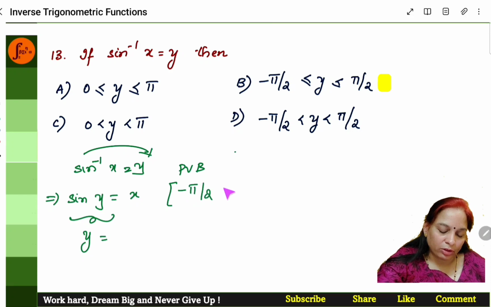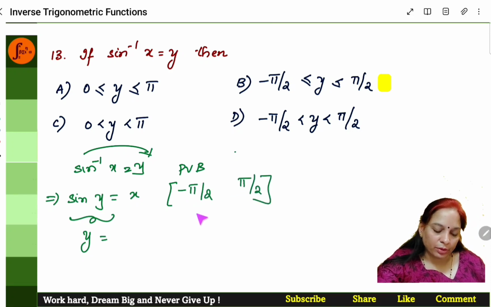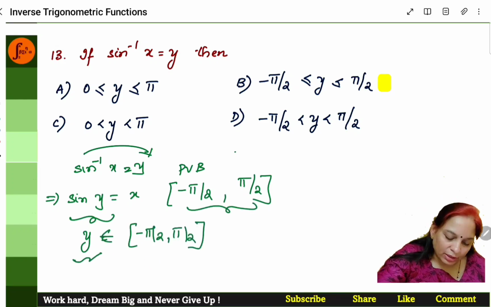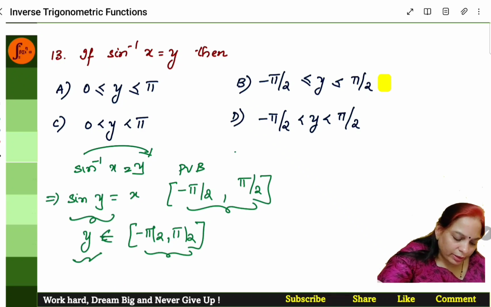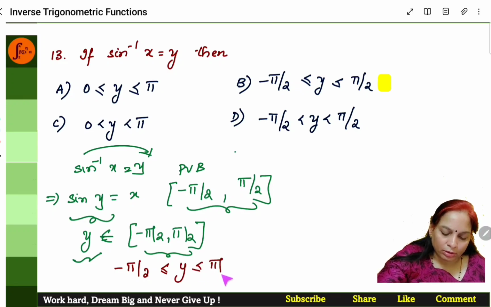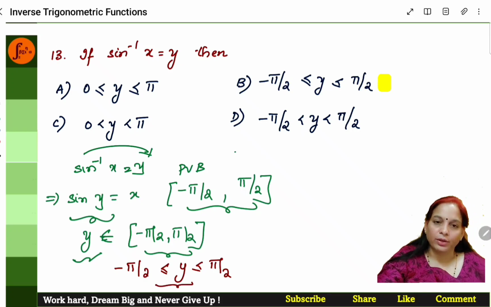What is the principal value branch? Minus pi by 2 to plus pi by 2. Within this range is what you will get the value of y. Y is in between this. So you will write minus pi by 2 less than or equal to y and less than or equal to pi by 2. So between this minus and plus value, you will find this y value. So this is the right answer.